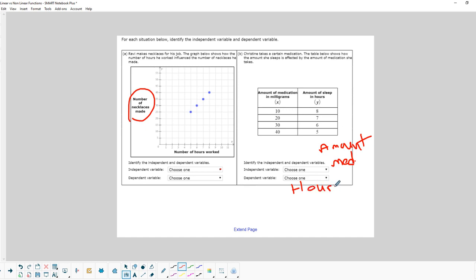So you'll just click on that little down arrow on ALEKS, and then it'll have a submenu that you can pick. It might not be worded exactly the way I've done it, but it'll be similar, so you can figure that out. So that'd be hours of sleep.